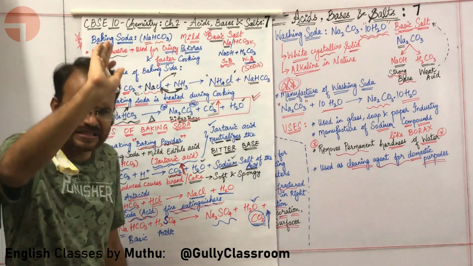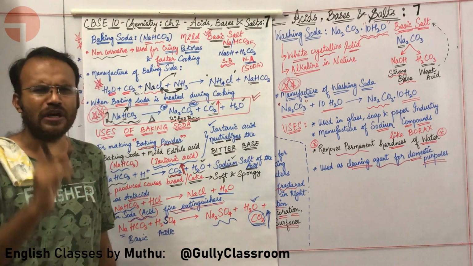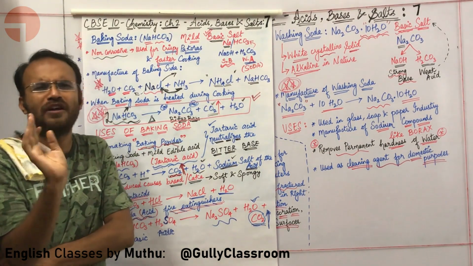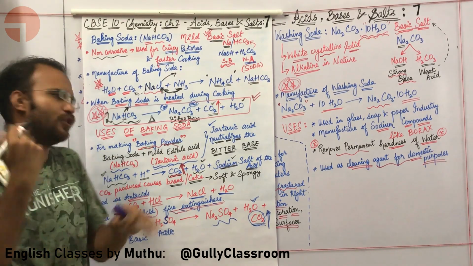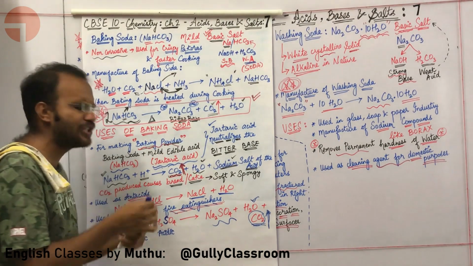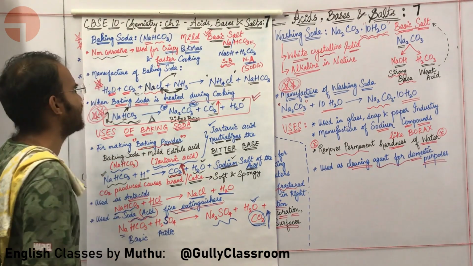what is happening? Sir, let me try this. Yeah, try it out. Sir, whenever an acid is added to HCO3, you will always get CO2 out of it. Okay, let us put a CO2. What next? Sir, NaHCO3 is basic in nature.